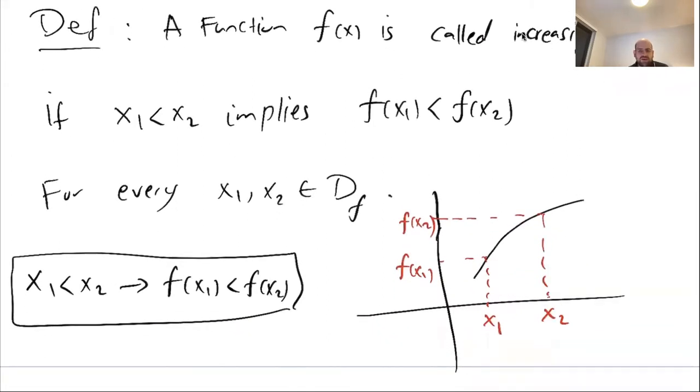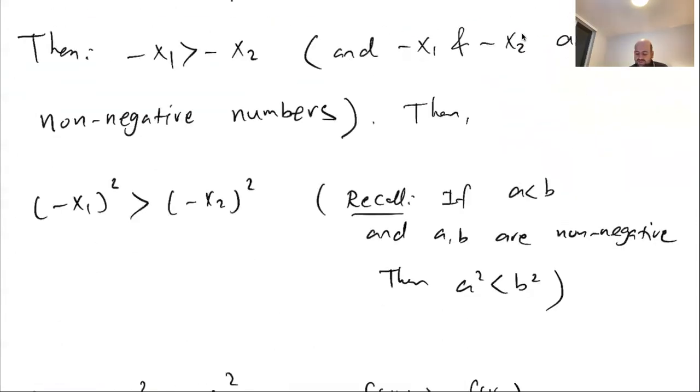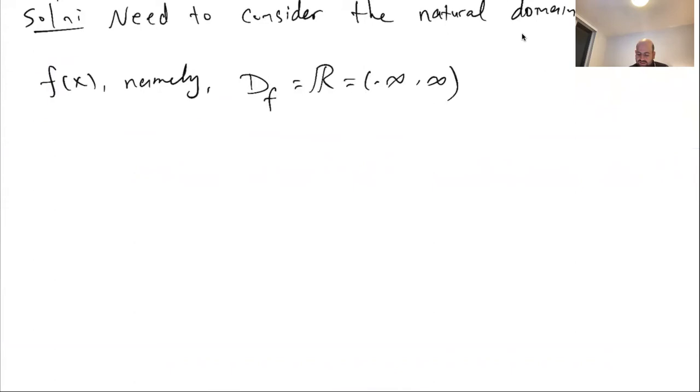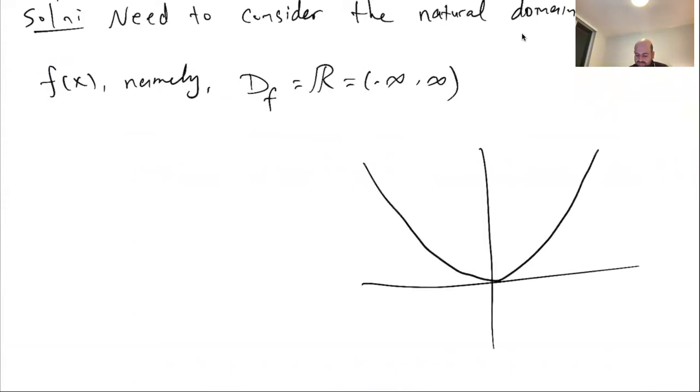There are some pairs x1, x2 with x1 less than x2, but f of x1 not less than f of x2. You can easily see them here. For example, let's say this is -4, and let's say this is -2, and this is -1.